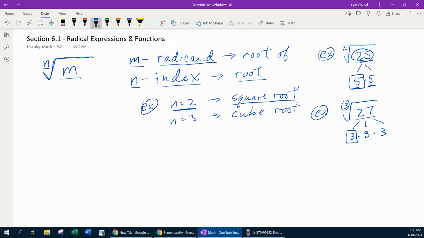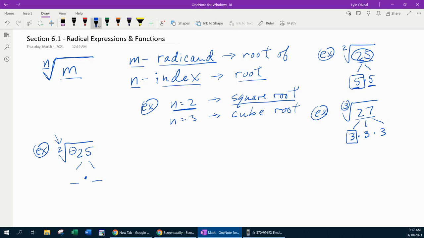Now for some conditions that you need to be aware of. Let's say we have the square root of negative 25. The index, if it's not showing, is understood to be 2, which indicates that I need 2 identical factors to make negative 25. Now, there's a problem here.